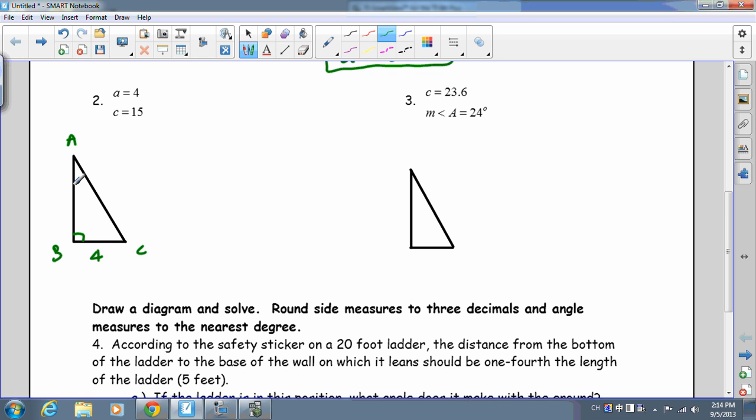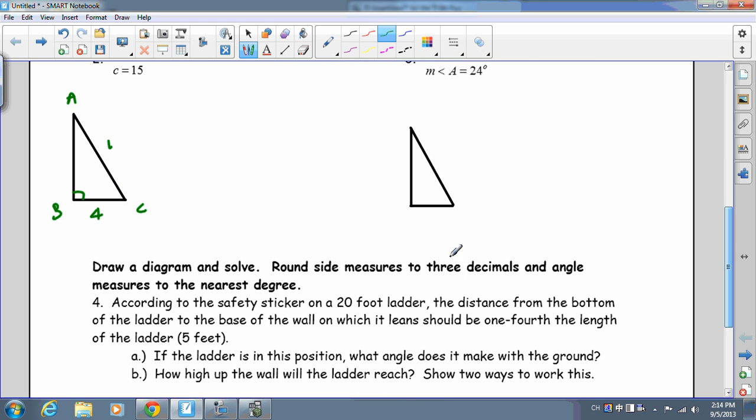Maybe I labeled it wrong. Let's put B here, and instead of B here, I want you to write C. So this is C, and I call this one 15.